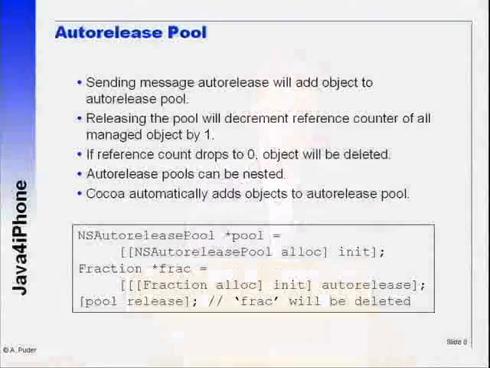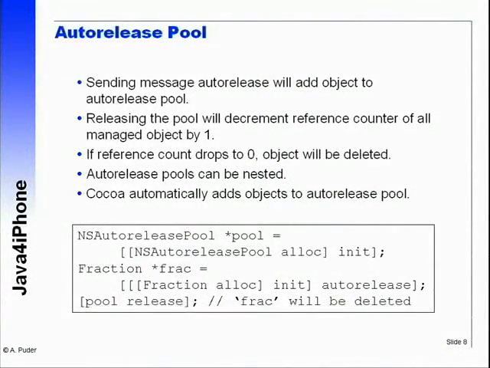There is one thing that they have added to the runtime library that makes it a little bit easier for garbage collection. So on this slide here, I explained to you a thing called the Autorelease Pool. The Autorelease Pool is just a class that can help with managing a bulk of objects.